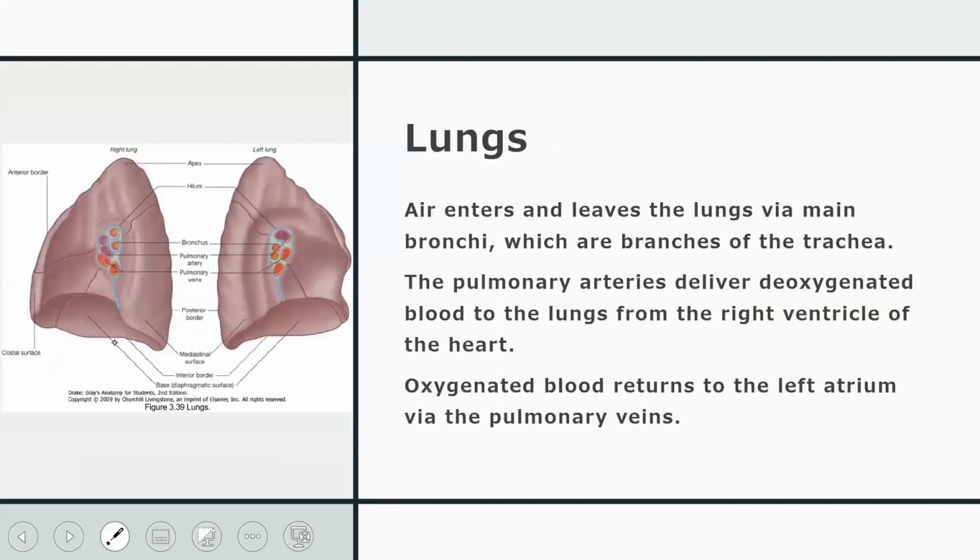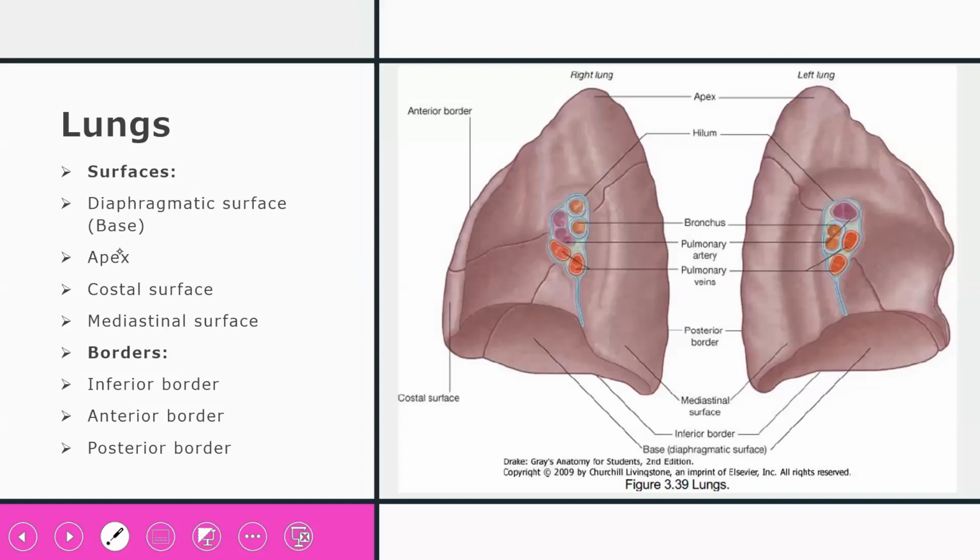Then we will look at the lungs. So here we see the right lung and the left lung. The lung is the place where air exchange happens. We already looked at these vessels and the bronchi, right? If you look at the lungs, there are a few surfaces. If you look at this right lung, this outward surface, it's not clearly shown here.